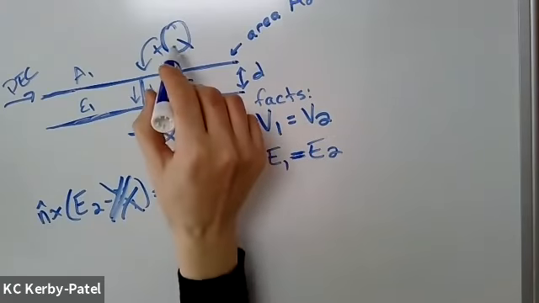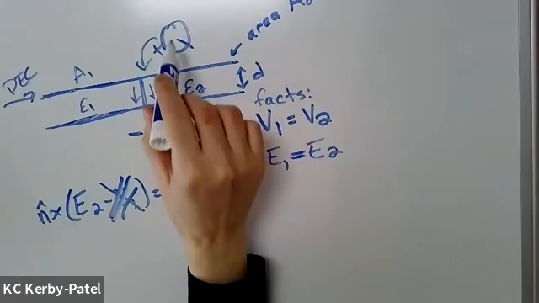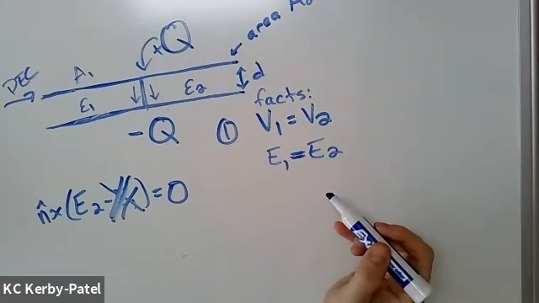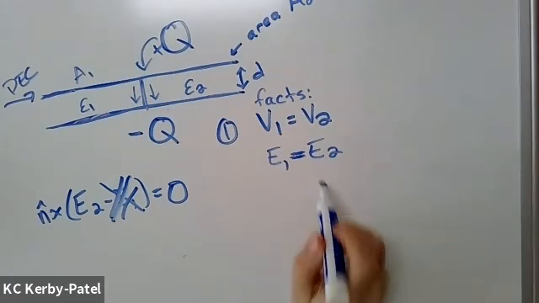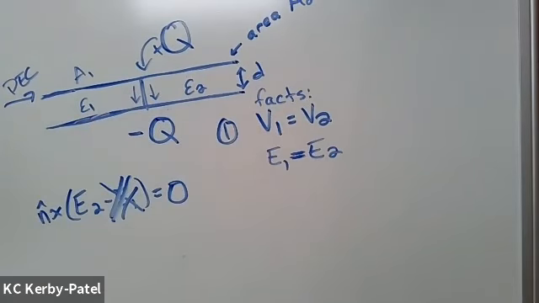I said that there's a total charge deposited on these plates. But if these two electric fields are equal, and we know Gauss's law, if the electric fields are equal and they have different dielectric constants, what is true about the electric flux densities? Does D1 equal D2?